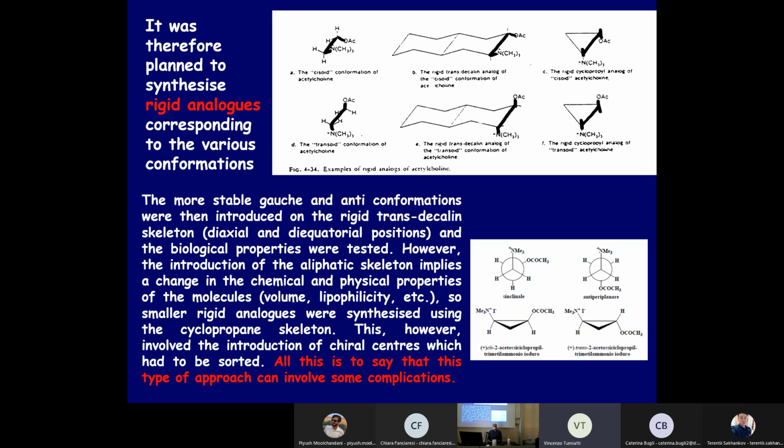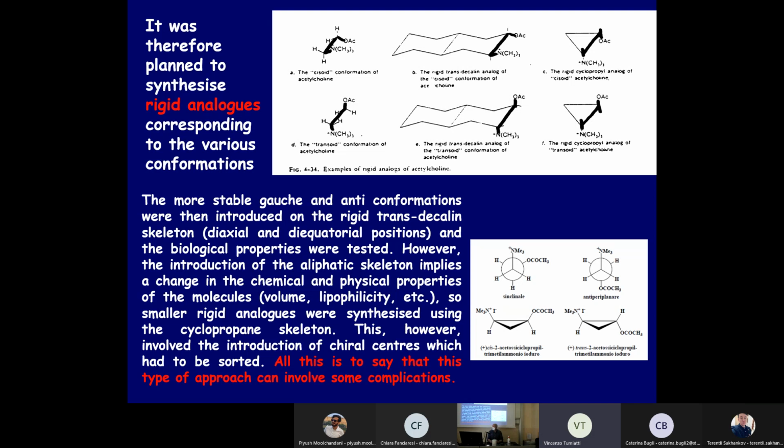But the situation is not so simple. In this case, we have introduced a big residue on a small structure of acetylcholine.